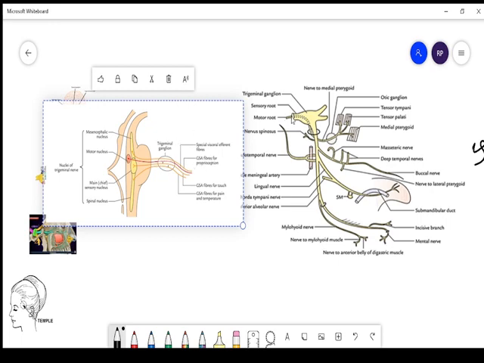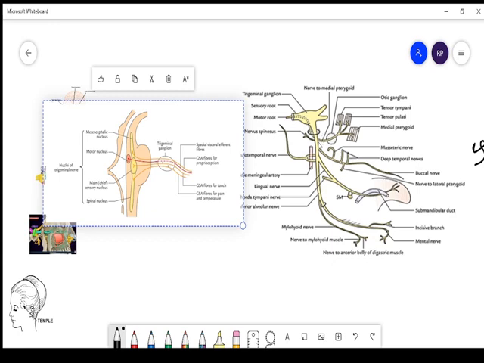The motor root and sensory root leave the middle cranial fossa through a foramen known as foramen ovale, and come to the infratemporal fossa. The infratemporal fossa is located just below the foramen ovale.